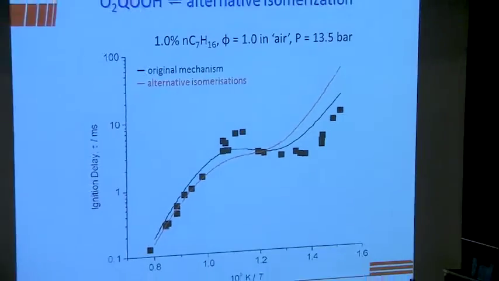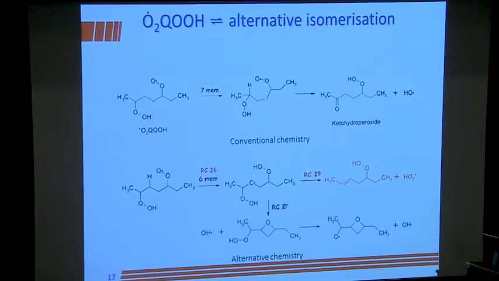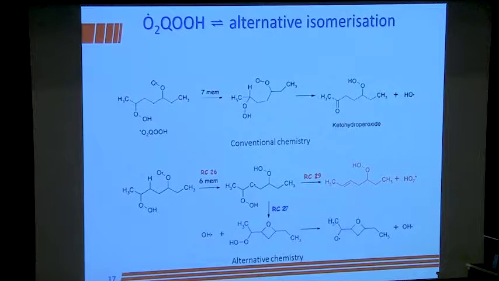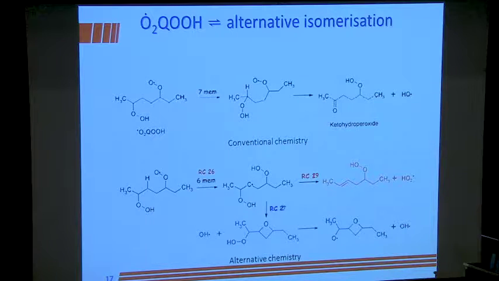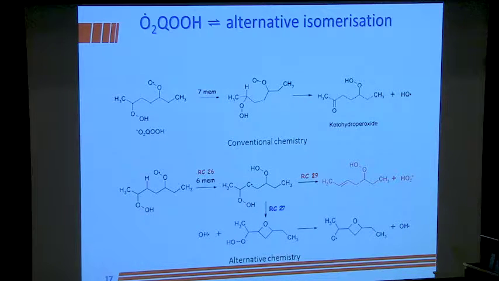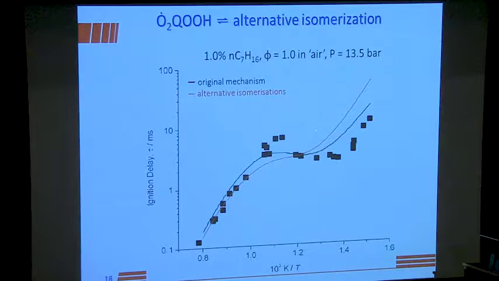You can see we added these alternative isomerizations. We allowed the 6-membered ring, the 5-membered ring, any one that could occur. We included rate constants at the same rate that we allowed other similar isomerizations to occur, and added that to the mechanism, and here's the prediction.